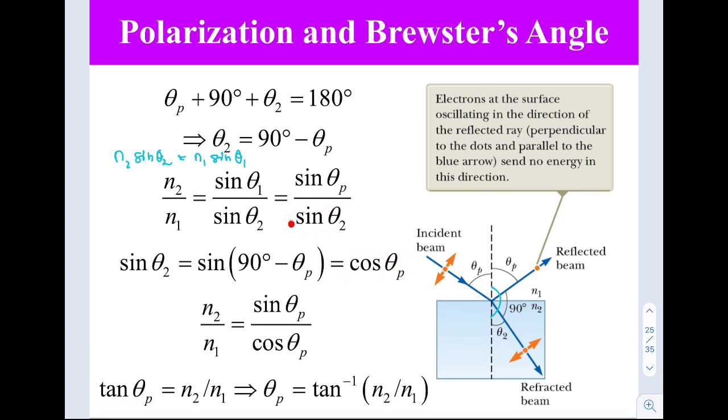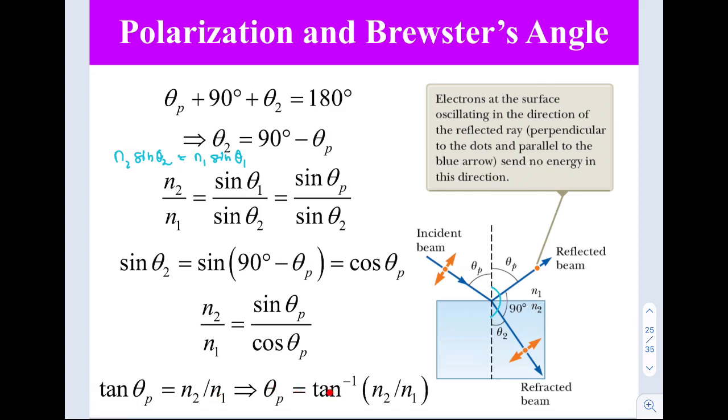Substituting this into the equation, N2 over N1 equals sin theta p over cos theta p, where sin over cos is tangent theta p, equal to N2 over N1.